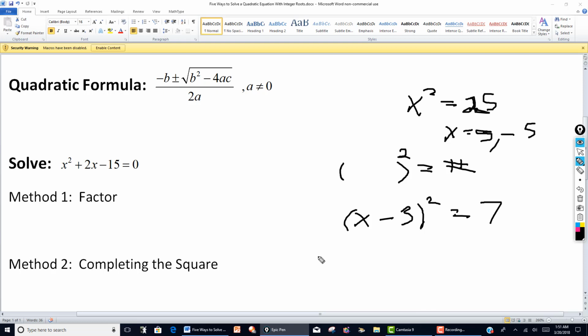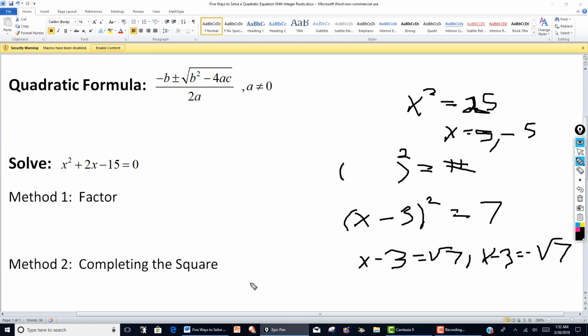So we can set this up by taking the square root: x minus 3 can equal the square root of 7, or x minus 3 can equal minus the square root of 7.